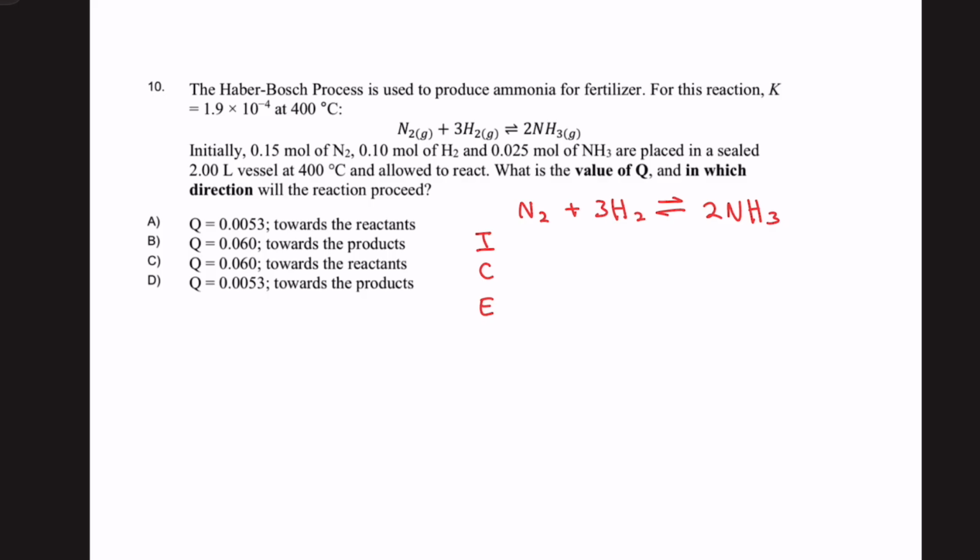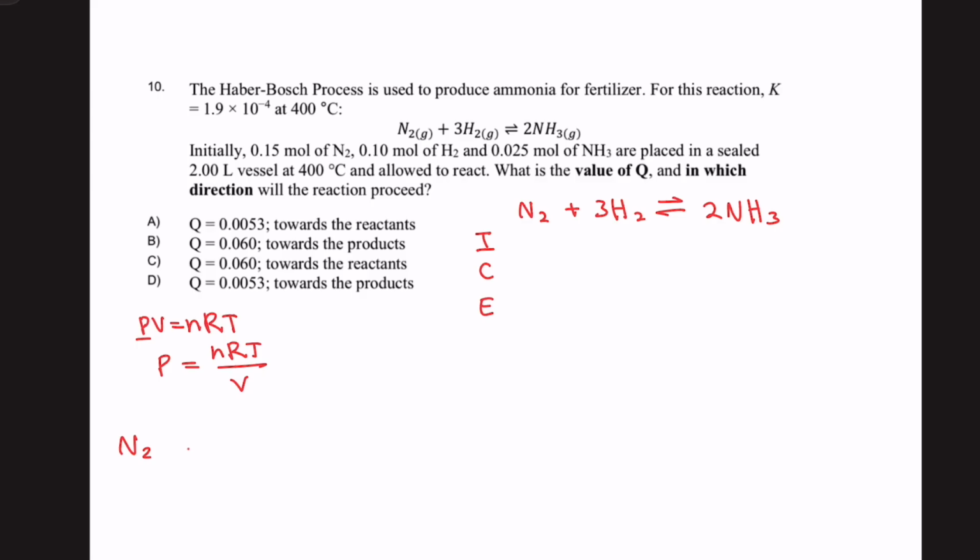And it tells us the amount of moles for all of these gases, but because they're gases, we need to have these values in bars. So what we're going to do is use the equation PV equals nRT and find P for the pressure. So how do we do that? Well, P is going to be nRT divided by the volume. So now let's go through each species and calculate the pressure.